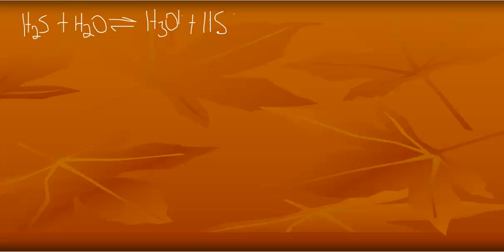This is a saturated solution of H2S. H2S is a diprotic acid. So H2S, when it reacts with water, will form H3O plus HS minus. My Ka1 value for H2S is 1.1 times 10 to the negative 7.